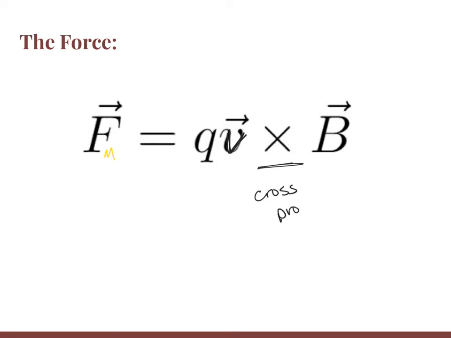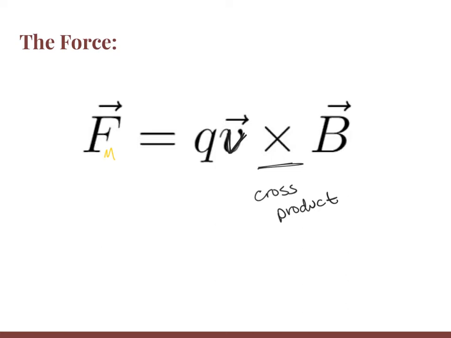There's a thing called a cross product, and there's a thing called a dot product. And the dot product will yield a scalar, and the cross product will yield a vector. So sometimes they're called scalar multiplication or vector multiplication, and cross product is the vector multiplication. And since we're dealing with force, which is a vector, we use the cross product between velocity and field to yield a vector. And that's going to become important here in a minute.